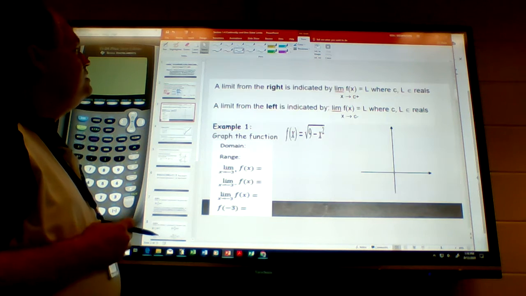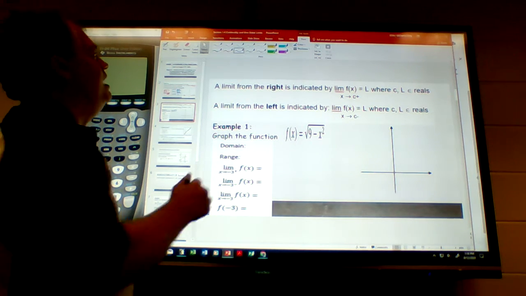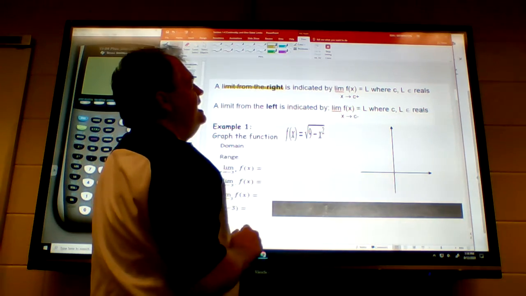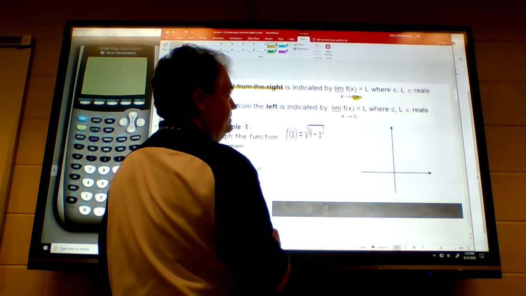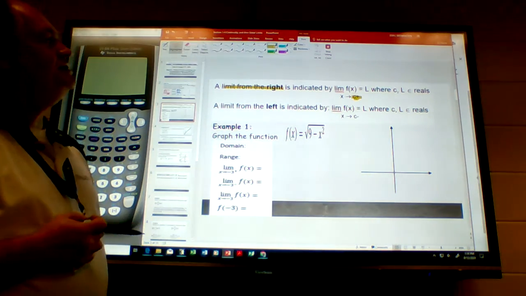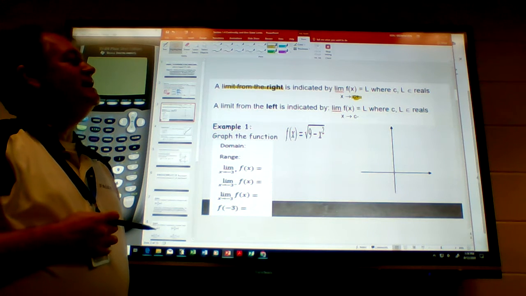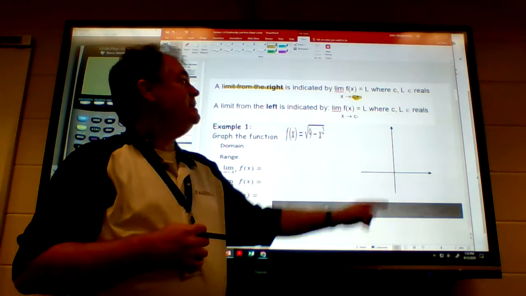All right, here's what you need to know. A limit from the right is indicated by a c positive: the limit of f of x equals L, where c and L are elements of the reals, as x approaches c plus.